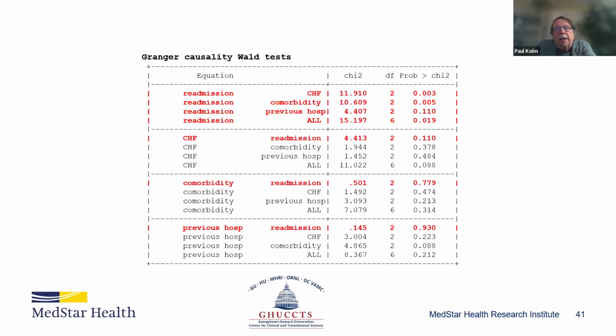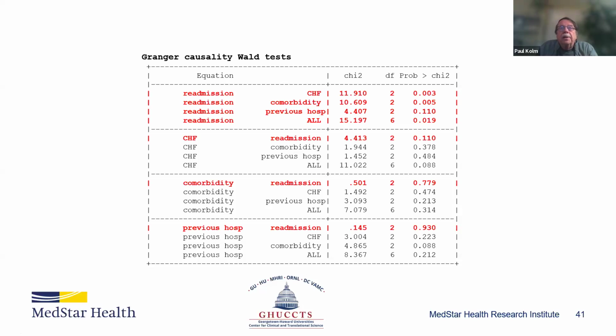Is comorbidity a function of readmission? In other words, we're turning the equations around. And we see that in each of those cases, it's not statistically significant. So we can conclude then that congestive heart failure and comorbidity are Granger causing readmission. And if we put all three in the equation together, we can say that all three of these would be Granger causing readmission.